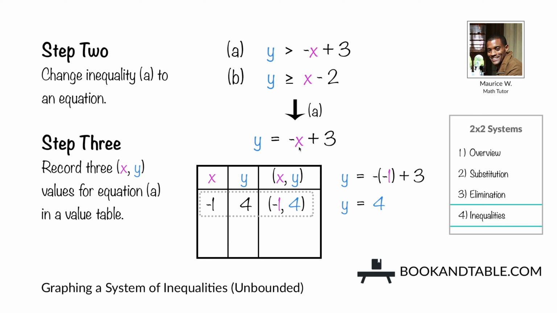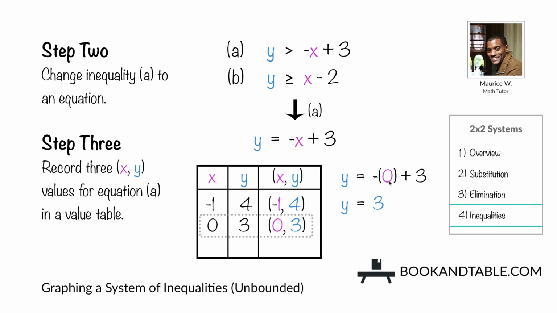We'll plug in -1 for x and see what our y value becomes. So y is equal to -1 times -1 plus 3. -1 times -1 is positive 1. 1 plus 3 would give us 4. So along this line, when x is -1, y is 4. So that's 1 point on that line.